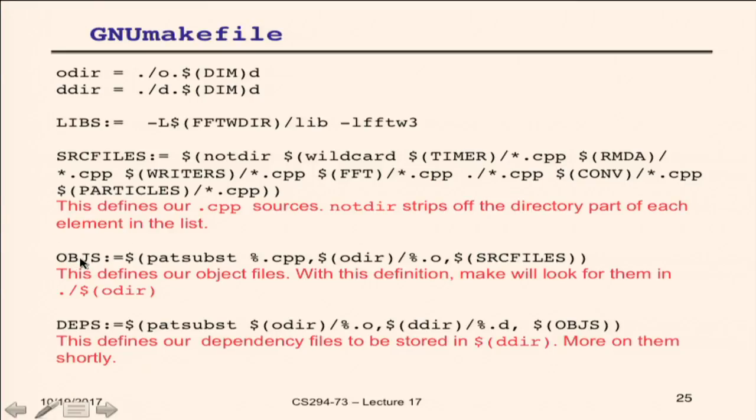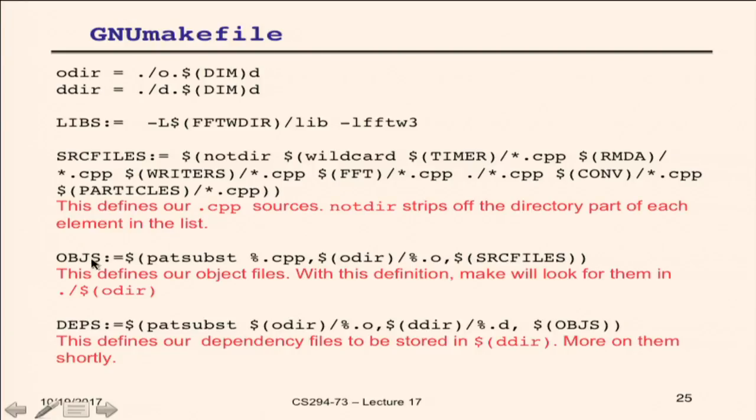What about my object files? So I need a list of object files because that's what I need to build my executable. So here's how I define them. Pattern substitution is to take the first argument, and the thing in front of that is the stem for this pattern, and then put that stem into this expression for everything in the third argument.